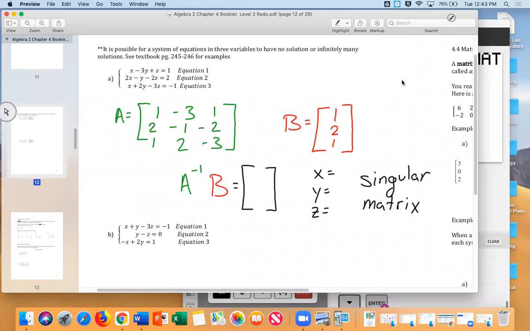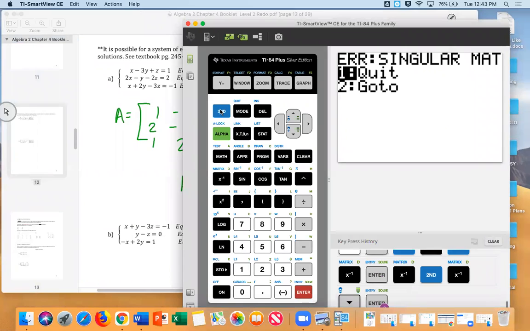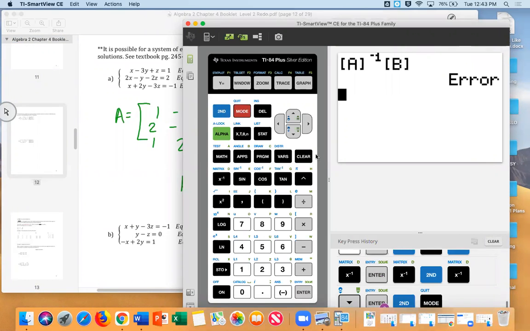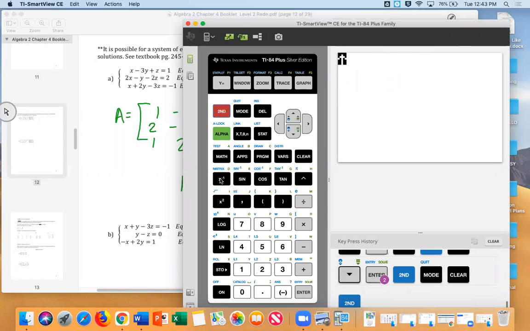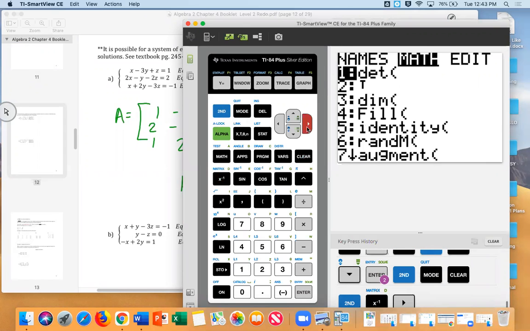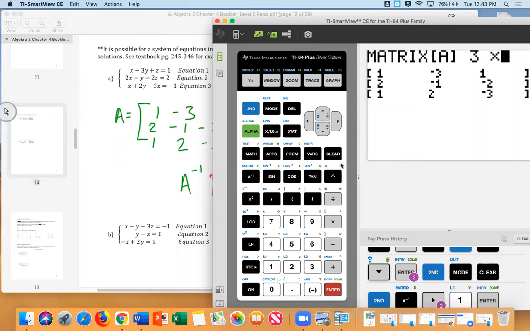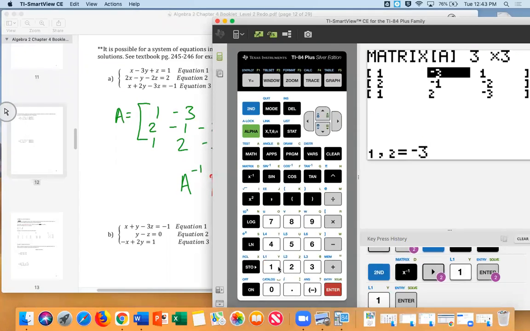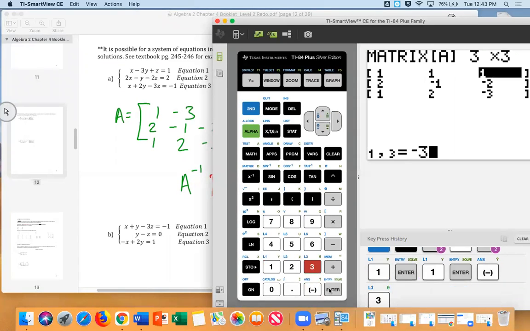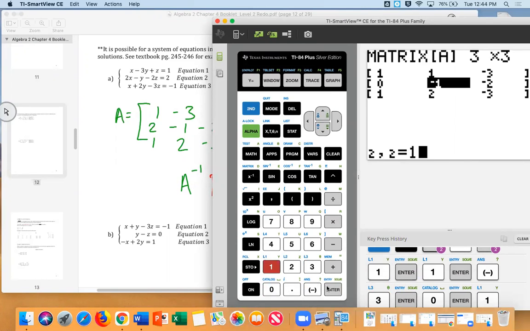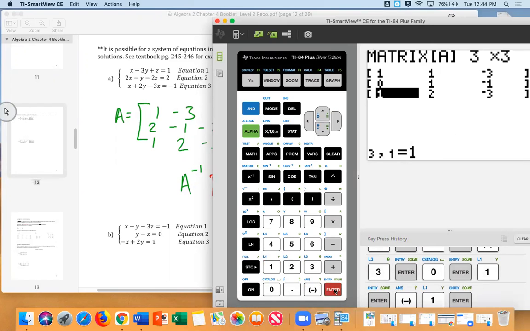Now, I'm going to run through the last one real quick, because we're running out of time. This is going to be a 3 by 3. So it's 1, 1, -3, 0, because there's no x in that equation, 1, -1, -1, 2, 0.